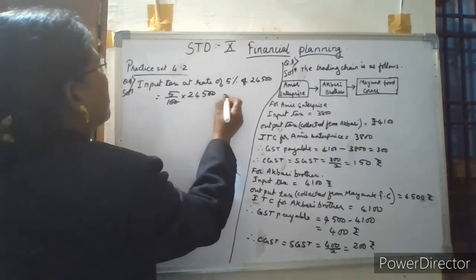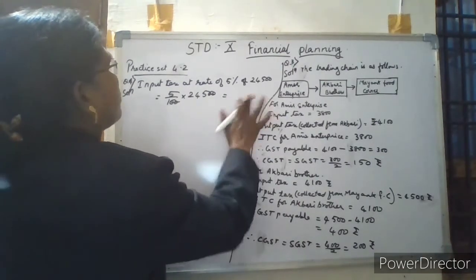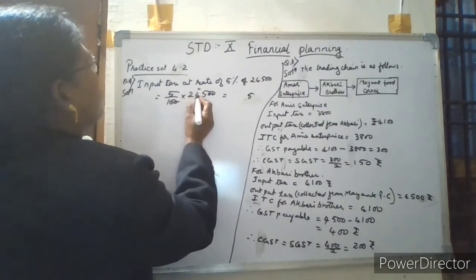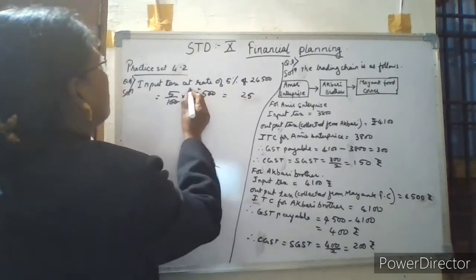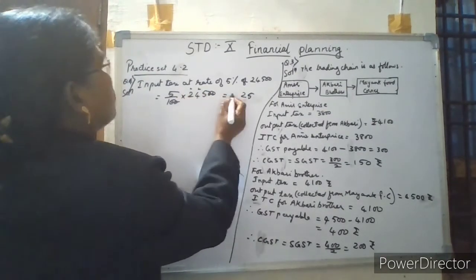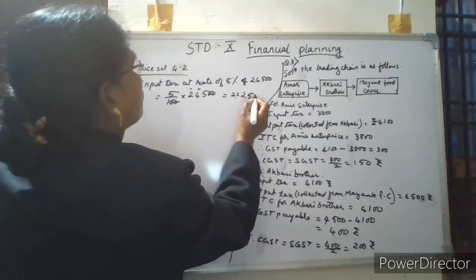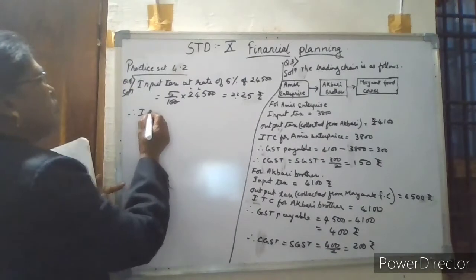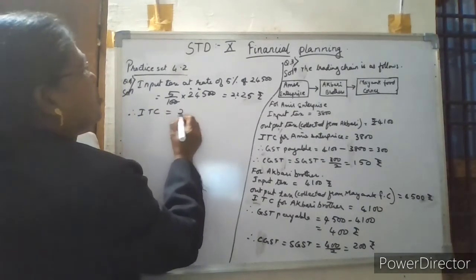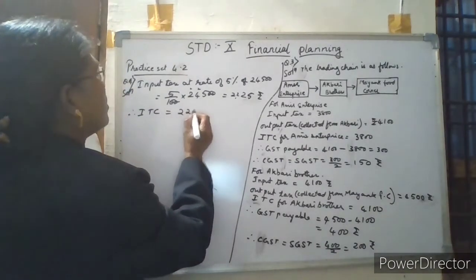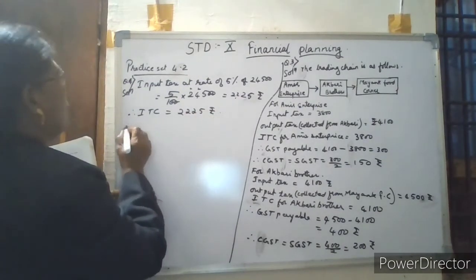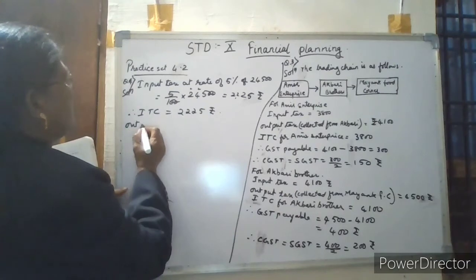Zeros cancel. 5 fives are 25, 5 fours are 20, 21, 22. That is equal to 1,225 rupees. Therefore, ITC is equal to 1,225 rupees.